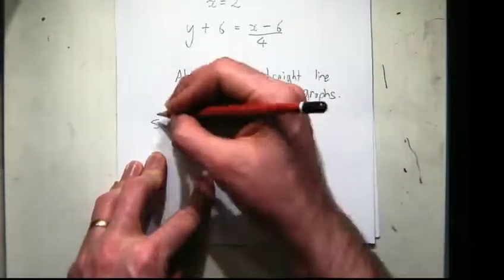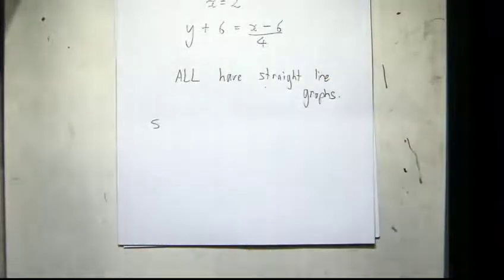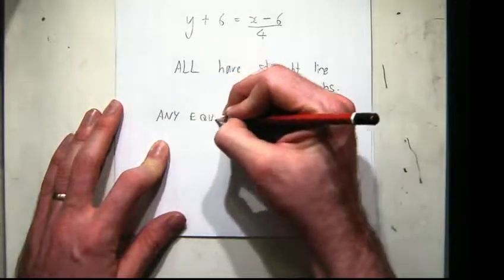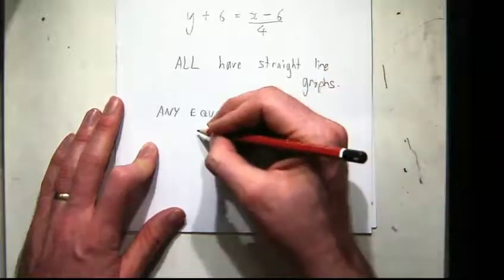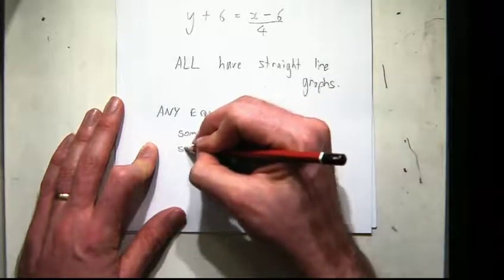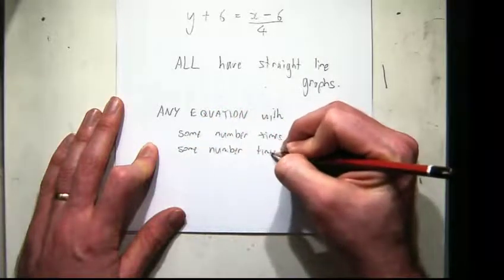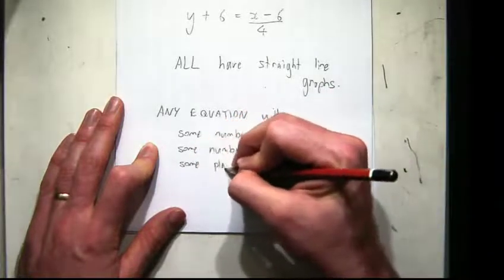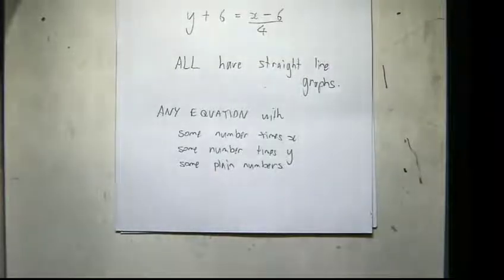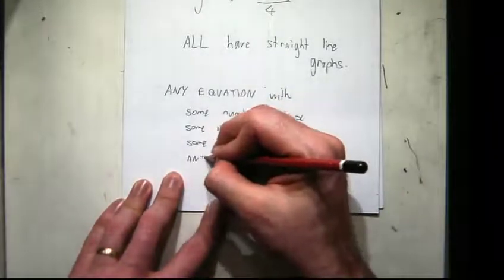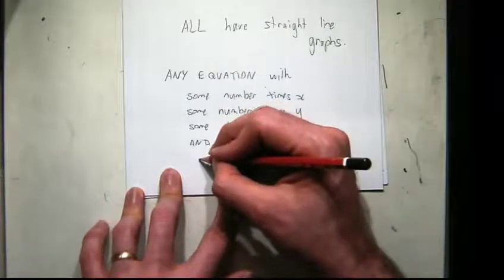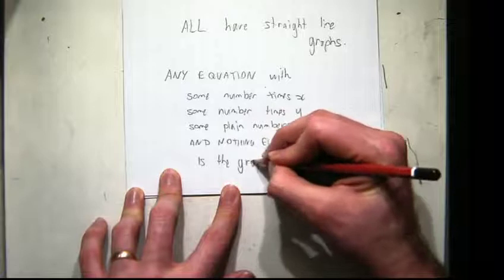So the rule is, some number times x, some number times y, some plain numbers, or possibly none of those, is the graph of a straight line.